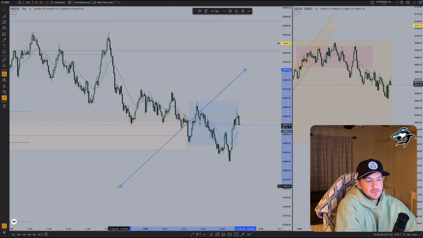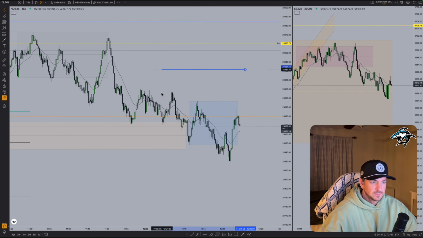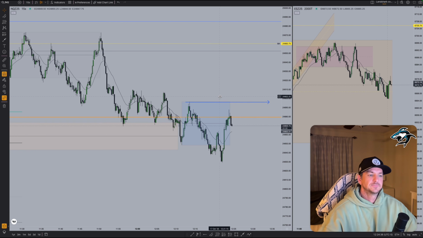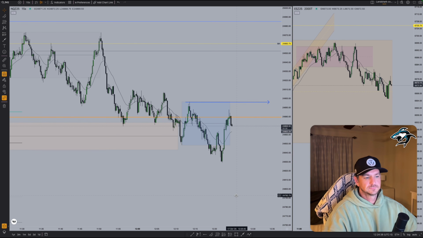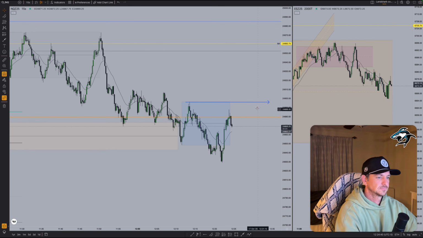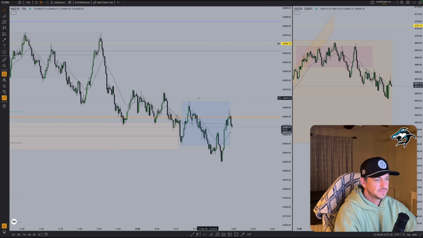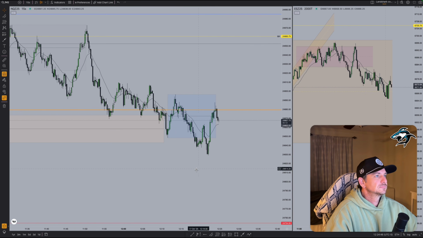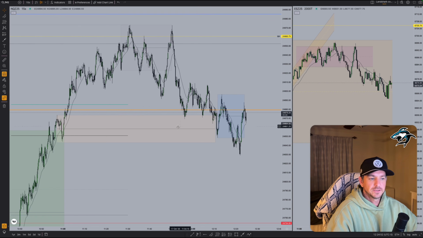But before I do any of that, I'm looking for this high to get violated. If that high doesn't get violated, the opposite of what I'm thinking is correct. That will continue down. We just had a deeper pullback than I was anticipating off of this area.